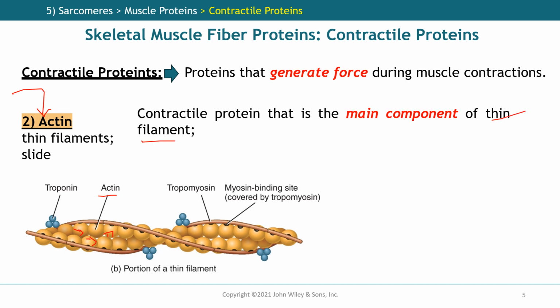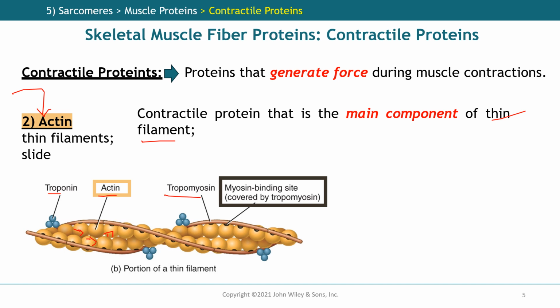There could be more proteins, but this is the main one. The other ones that we will talk about in the following slides are troponin and tropomyosin, which are in charge of regulating myosin, because if you see here, here is actin, and the main component that we need to pay attention to is the binding site, the myosin binding site.